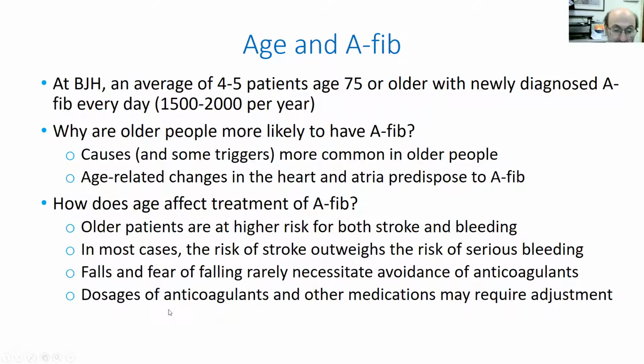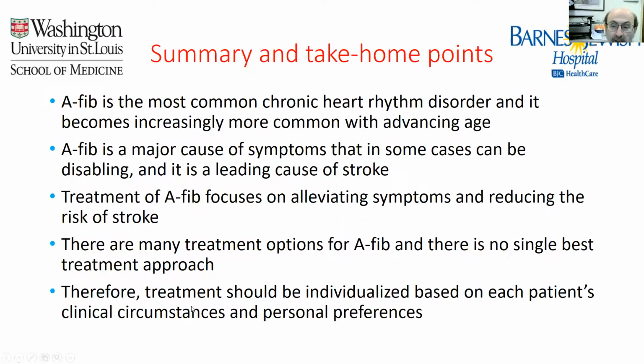However, dosages of anti-clot medications and other medications may require adjustment as people get older. So to summarize, AFib is the most common chronic heart rhythm disorder, and it becomes increasingly more common with increasing age. AFib is a major cause of symptoms that in some cases can be disabling, and it's a leading cause of stroke.